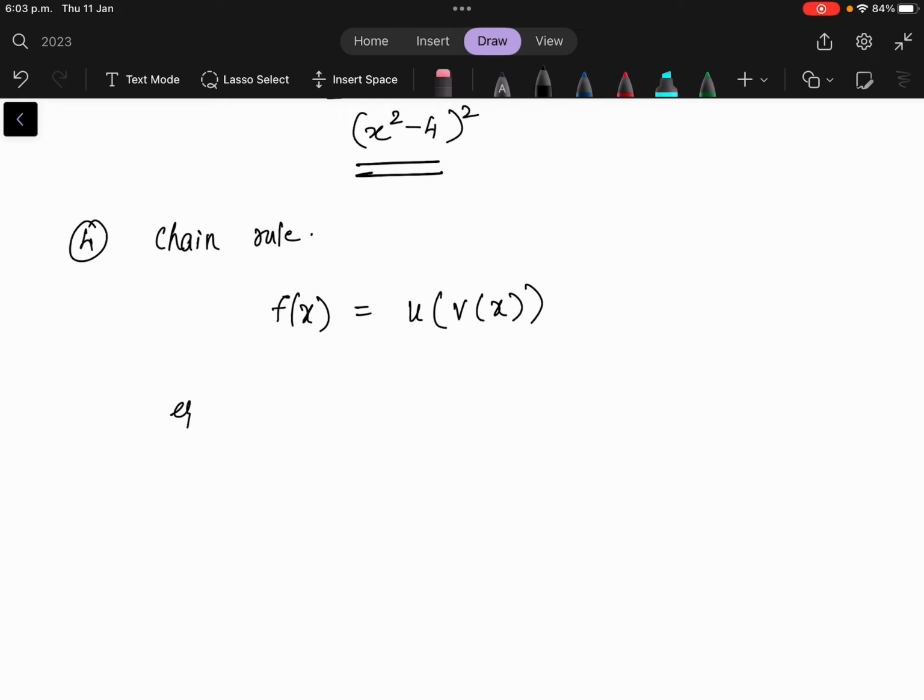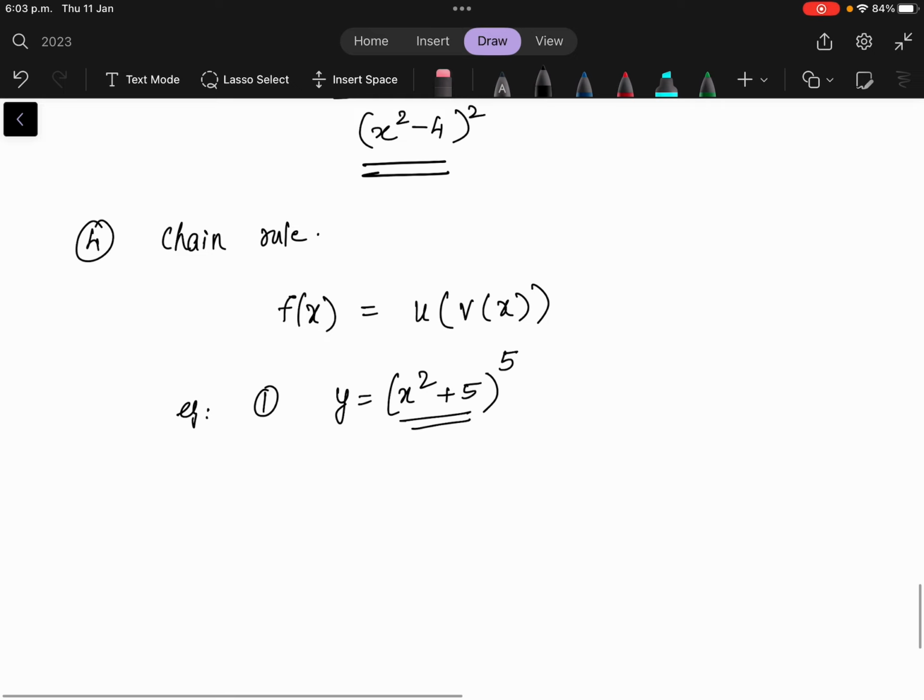Okay, for example, in the first one, we had y is equal to x² + 5. Now this is a normal case of differentiation, but if I say (x² + 5) to the power of 5, for this you have to apply the chain rule, because this is a function, and on top of that there is another operation which we are applying, so that makes it a candidate for the chain rule.